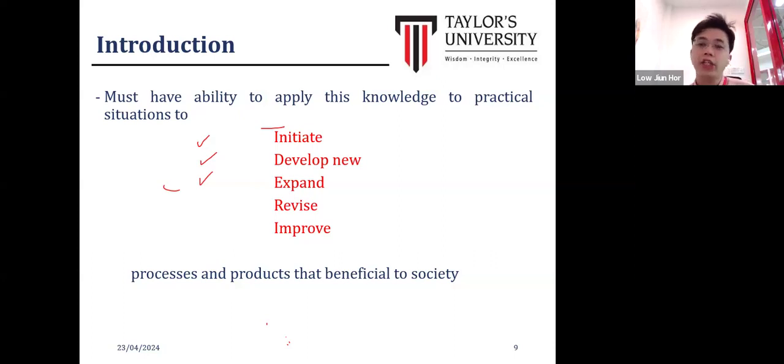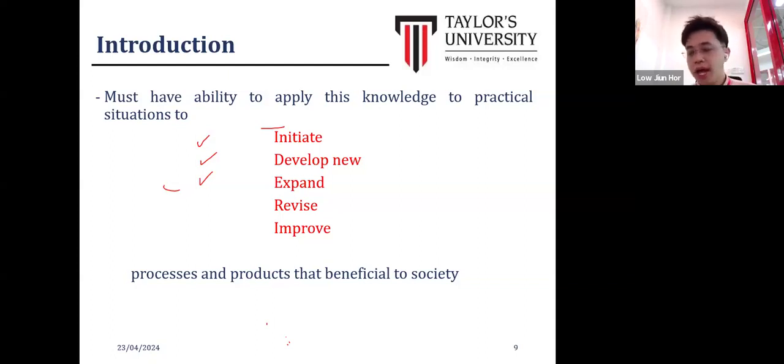As a chemical engineer, you are also expected to know how to expand the chemical plant that we have in our company, in order to assist your boss or investor to get more profit.